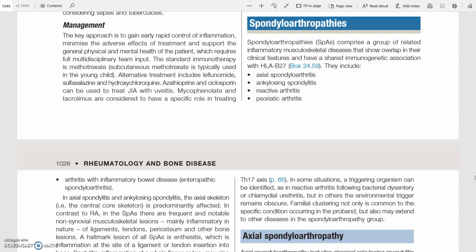So I think that clears the concept of HLA-B27 correlating with the specific underlying pathogenesis responsible for the formation of spondyloarthropathies.